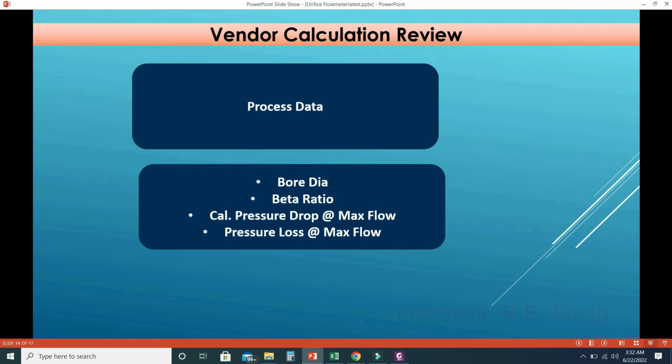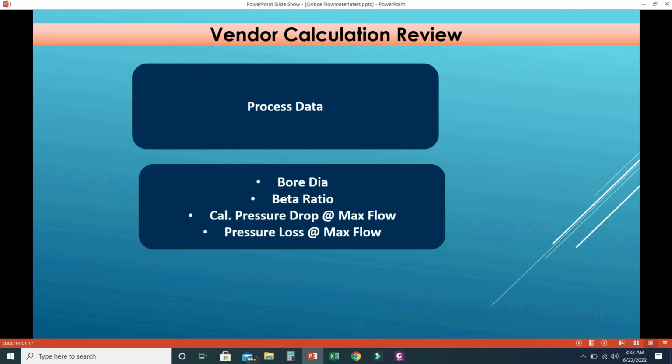But sometimes a vendor also manipulates the data to match the bore area, beta ratio, or calculated pressure drop. So we have to check the process data very carefully. Then we have to check the bore area, the beta ratio, the calculated pressure drop, and the calculated pressure loss. This minimum information we have to check in the calculations.